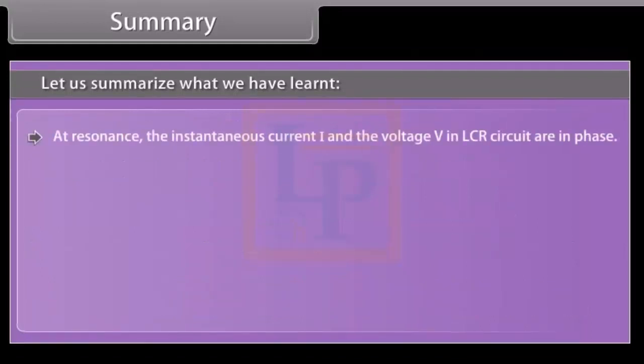At resonance, the instantaneous current I and the voltage V in the LCR circuit are in phase.